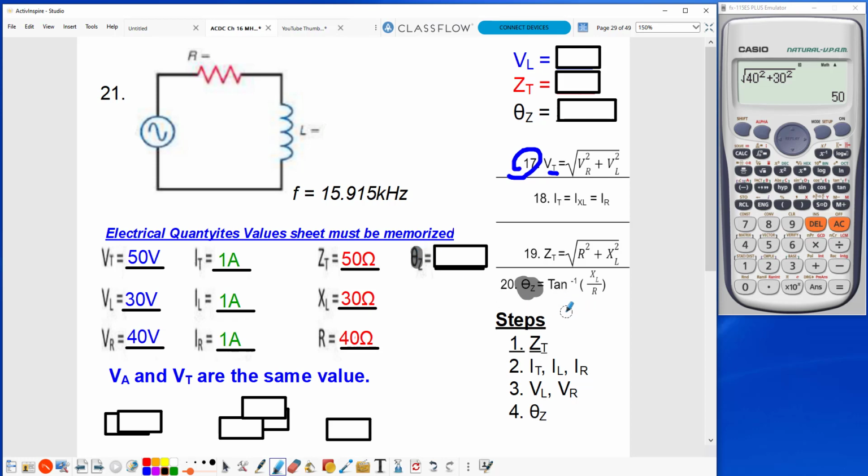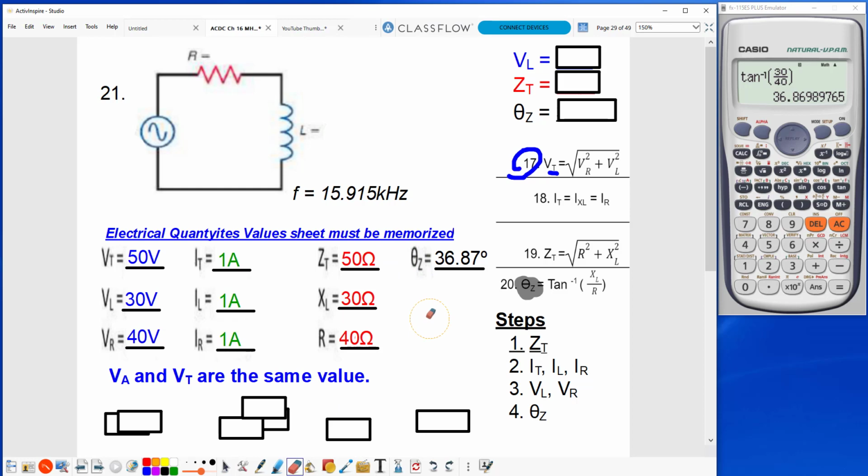And we want theta Z, so it's equal to, watch my calculator, inverse tangent, so you have to hit shift first, then tangent, and XL goes on top, so that's 30 ohms, then hit the fraction button, then you're going to put 40 ohms down below, you're going to scroll over, close parentheses, hit equals, and it's 36.87 degrees.